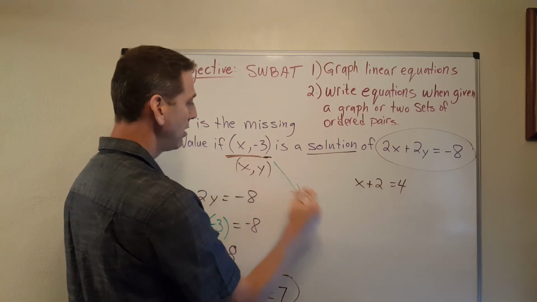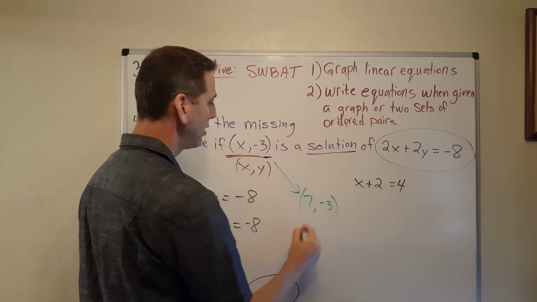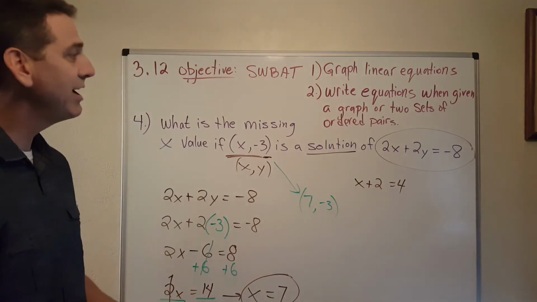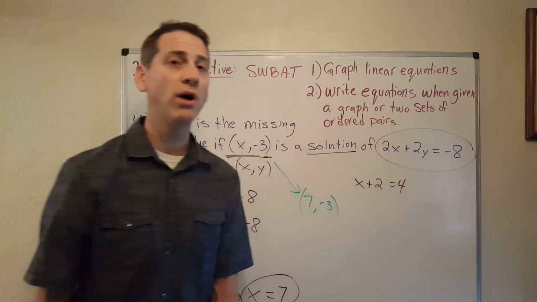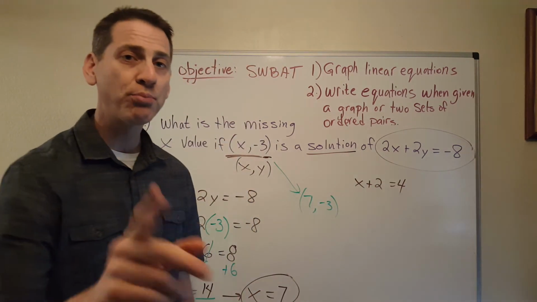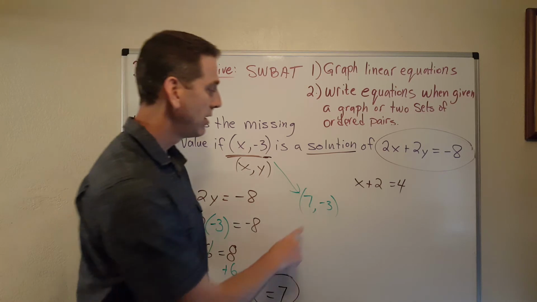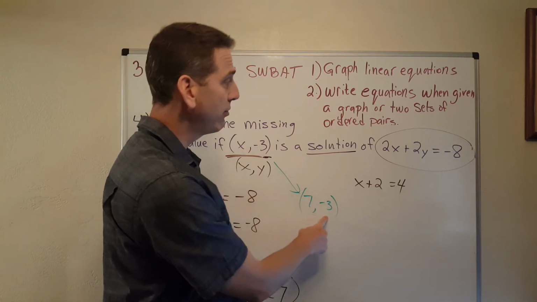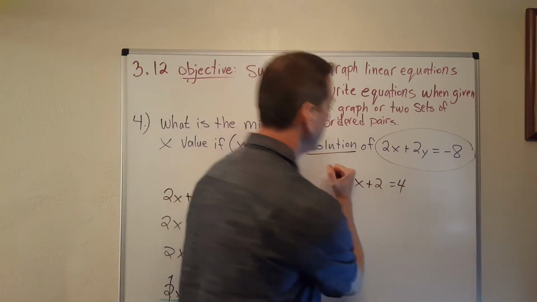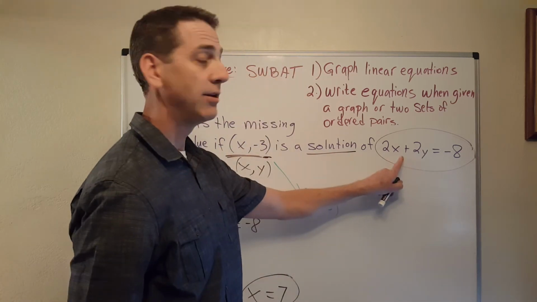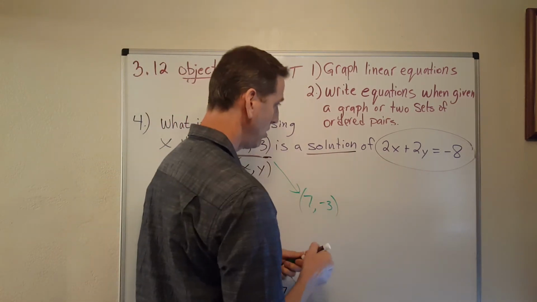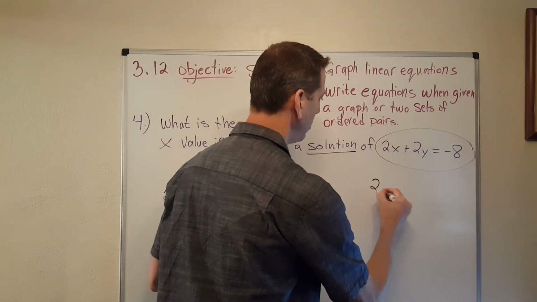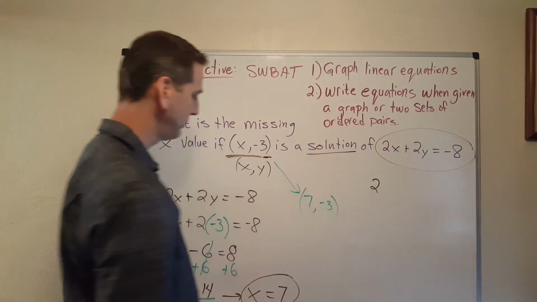7, negative 3 is a solution of 2x plus 2y equals negative 8. And I'll prove it to you. X is 7, y is negative 3. Let's take the original equation: 2 times x. Well, what's x?